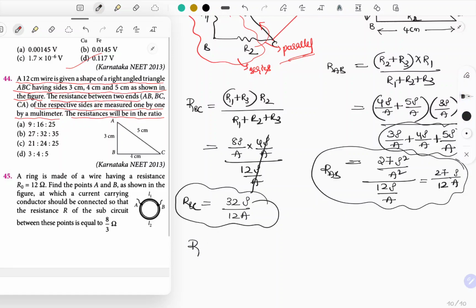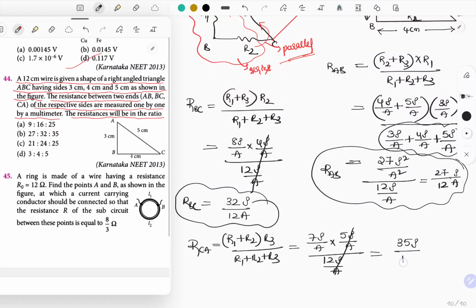So resistance between C and A is equal to R1 plus R2 into R3 divided by R1 plus R2 plus R3. R1 plus R2 is 7 rho by A, into 5 rho by A, divided by 12 rho by A. Rho by A will get cancelled. 7 fives are 35 rho divided by 12A. They're asking ratio, right?